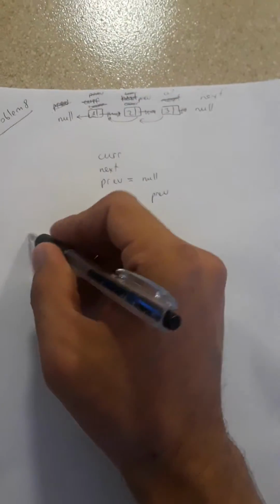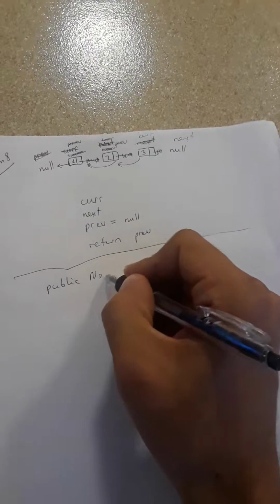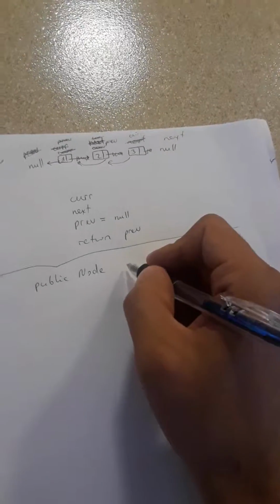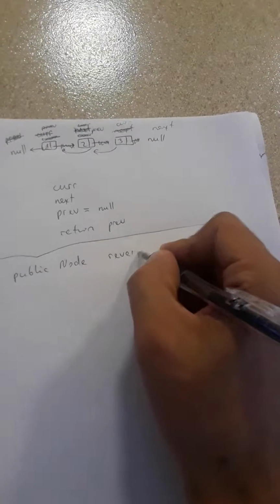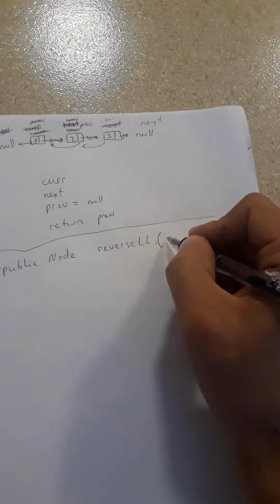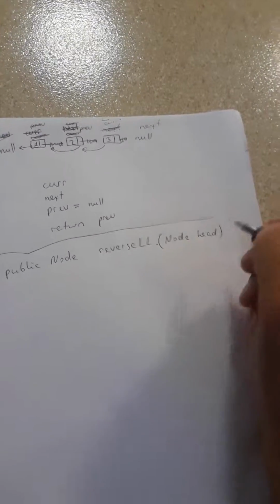So in our code it will look like as following. Our code will return a linked list node. I will call it reverse linked list. The input will be the head node of the linked list.